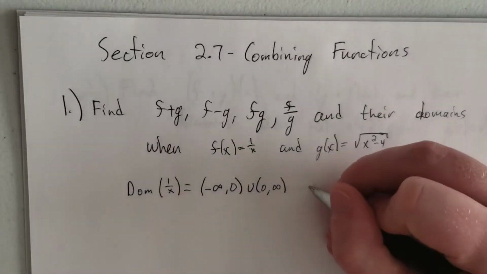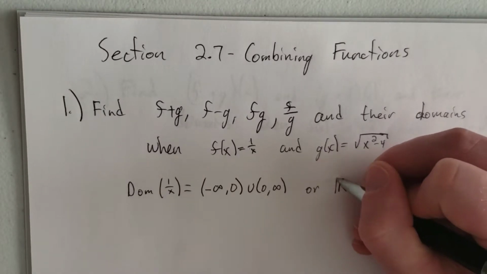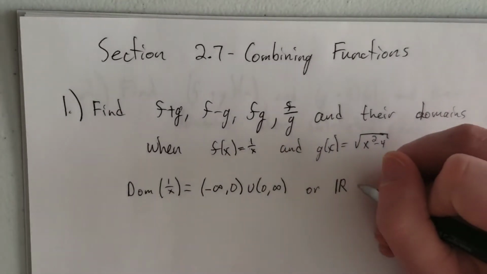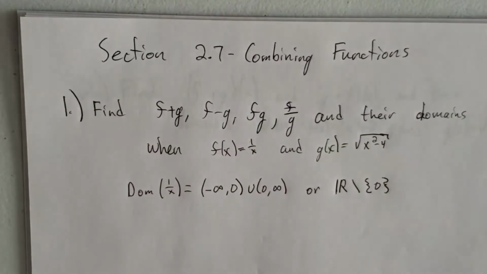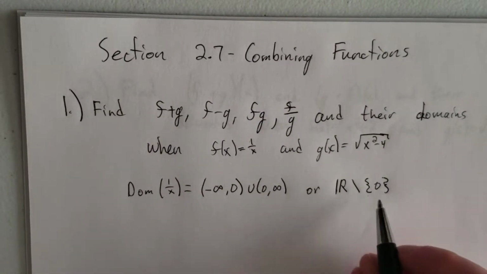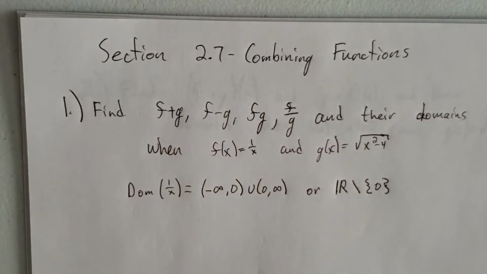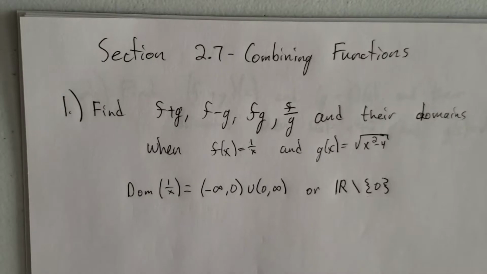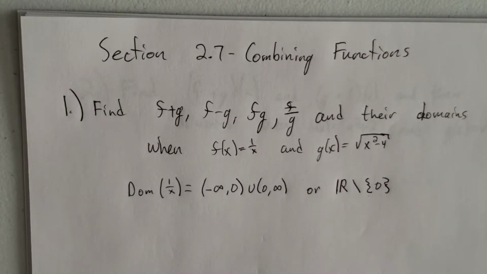Another way to write this is all real numbers minus the number 0. And we put this in set notation here. And a backslash is our notation for minus when we're talking about subtraction of sets.